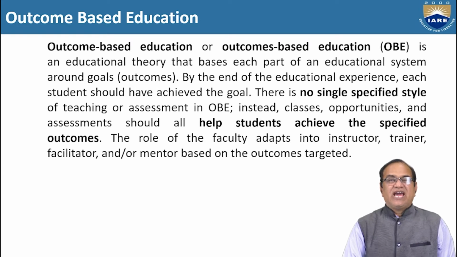The student has to do something, then apply and show the object. Not only learning, the student has to do something, and by doing, if he or she understands the concept very well, the student should be able to implement and show the product.